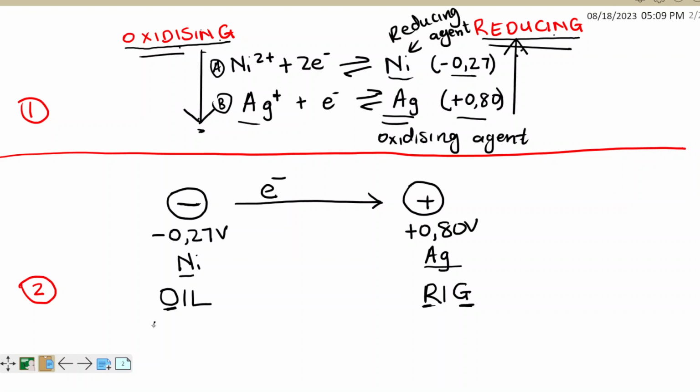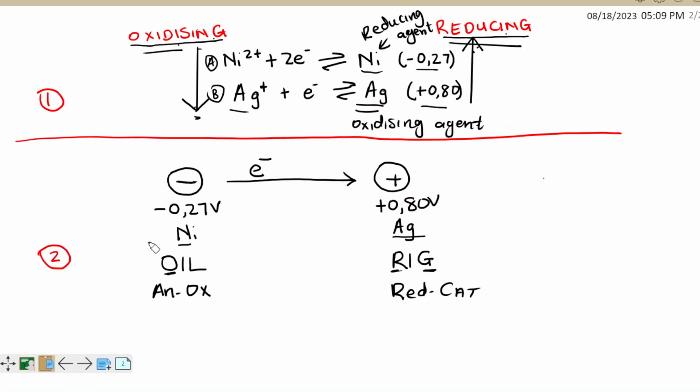So let's remember we have An Ox, and we have Red Cat. Then what does An Ox mean? It means anode. In anode, there is a process of oxidation.